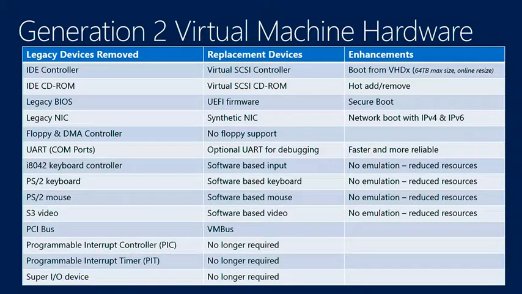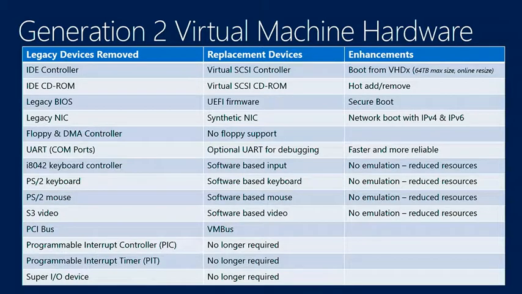I've really put this here so that when you get a copy of the deck afterwards, you can look over it. This is all the details of the differences between Generation 1 and Generation 2 virtual machines. A couple of things I want to be really clear about with Generation 2 virtual machines. The first one, and I should say this three times because everyone gets caught up on this: we haven't done any features that are Generation 2 virtual machine specific.